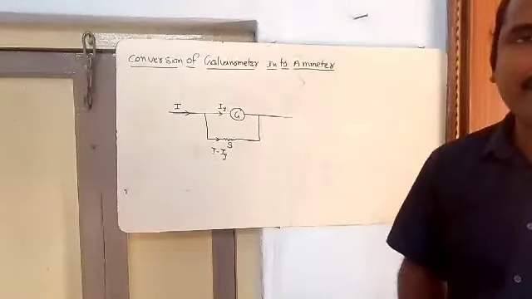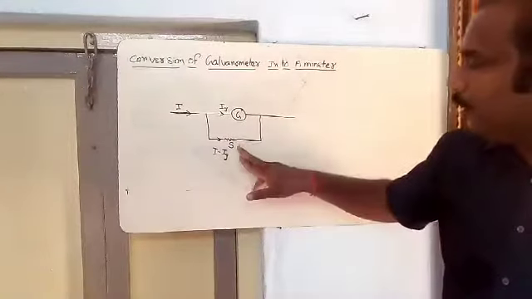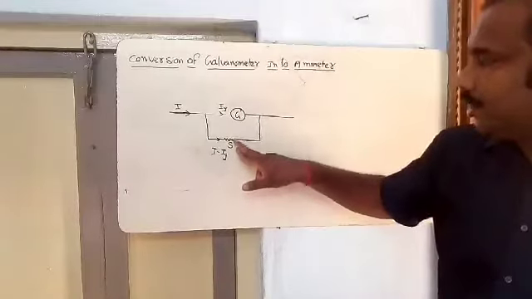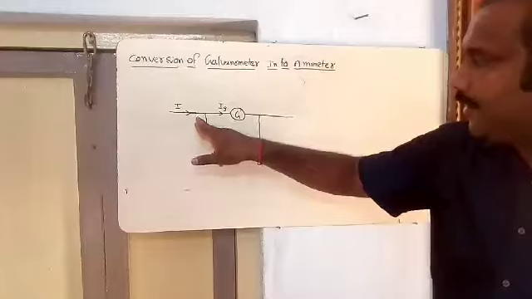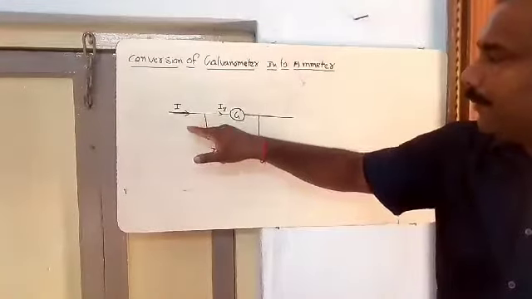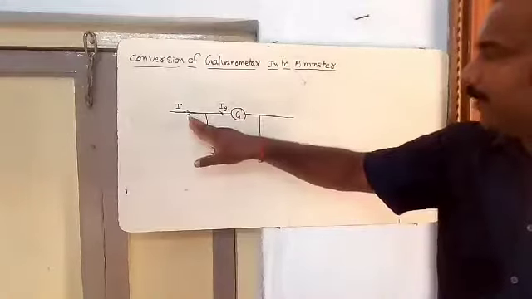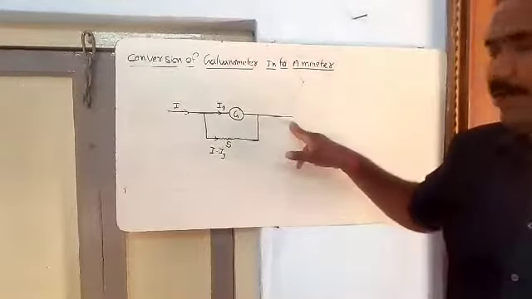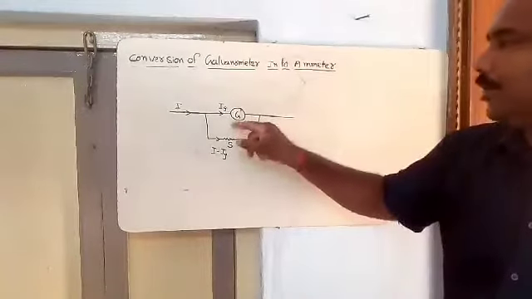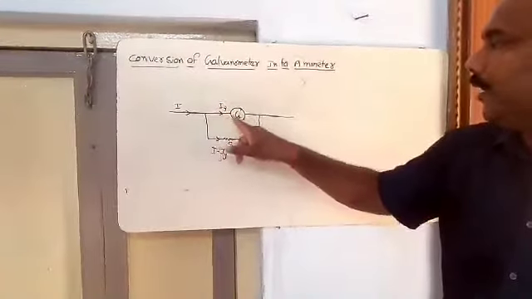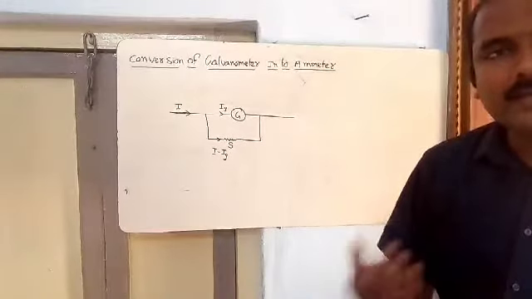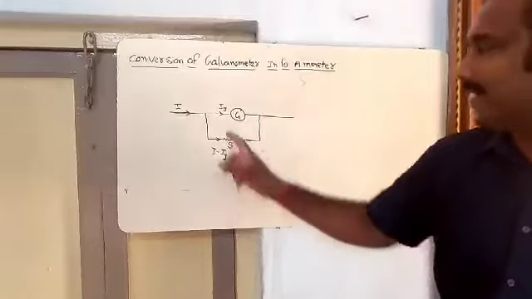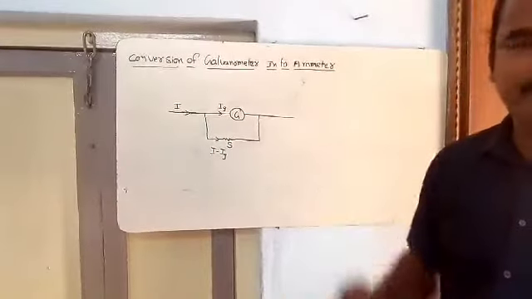What is happening here? If a very low resistance shunt is connected in parallel, whatever current is entering here, only the maximum portion of the current passes through this shunt. Only a very little portion of the current passes through the galvanometer. So the galvanometer doesn't draw much current, because the maximum current is passing through the shunt.